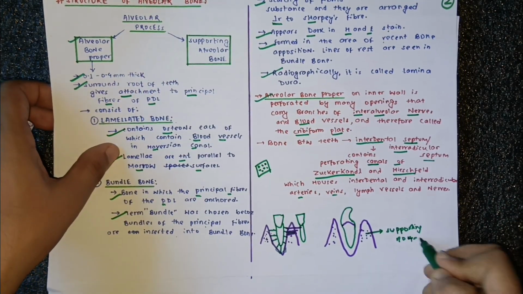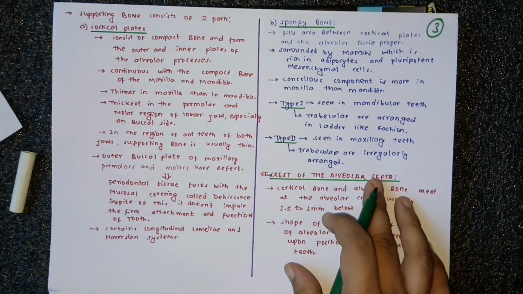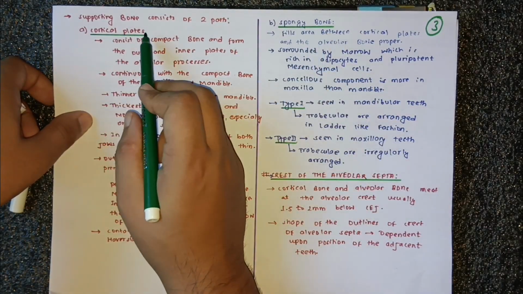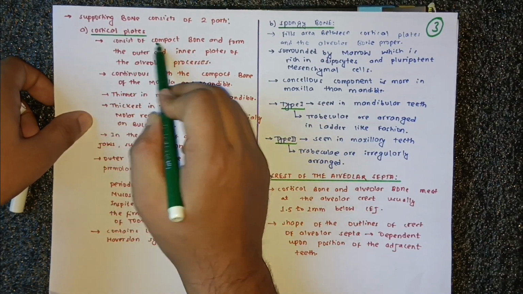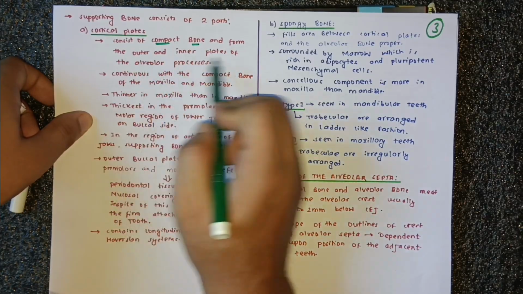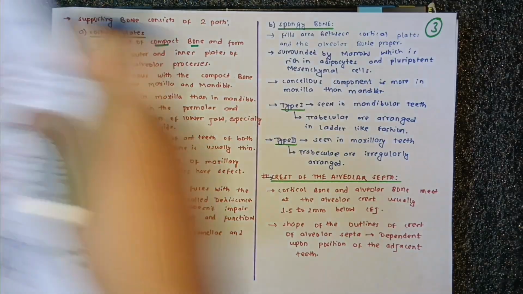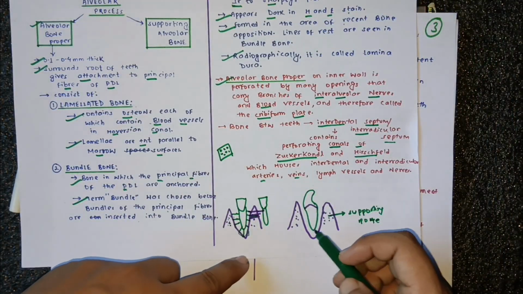After that, we have the cortical plates and the spongy bone. Cortical plate means it consists of compact bone and forms the outer and inner plates of the alveolar process. In this picture it is the side view of the tooth.